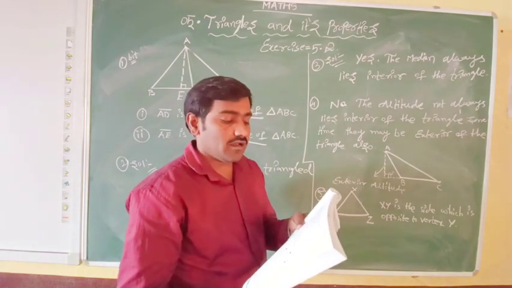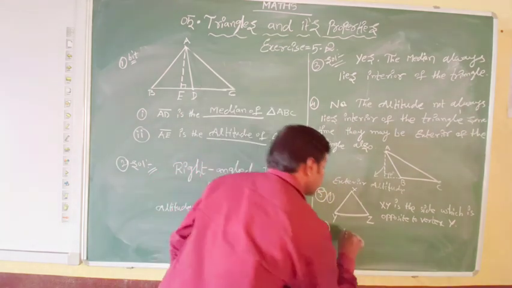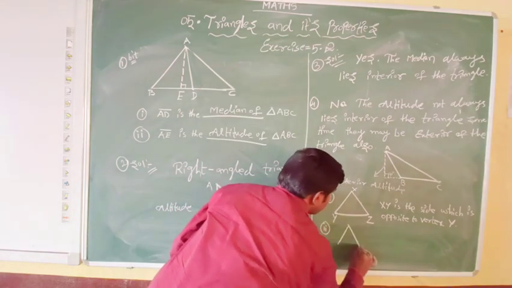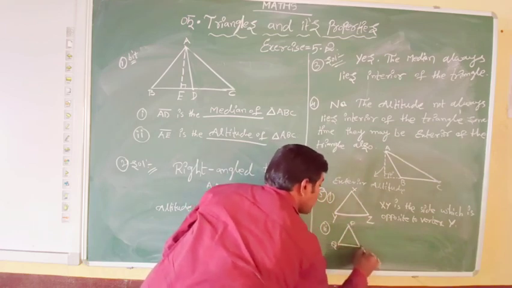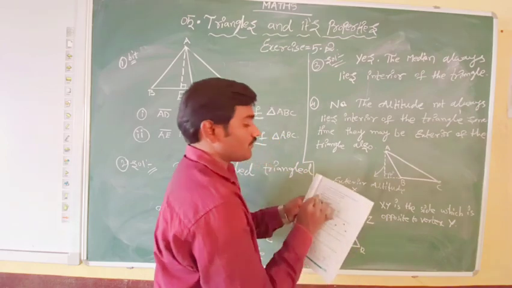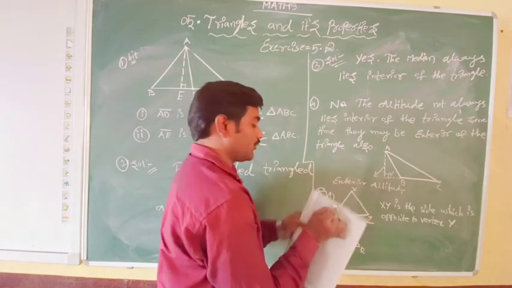Similarly, the second question also. Write the angle opposite to the side PQ in triangle PQR. Draw the triangle PQR. So, write the angle opposite to the side PQ.